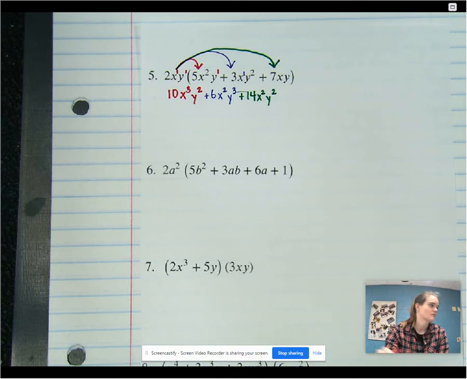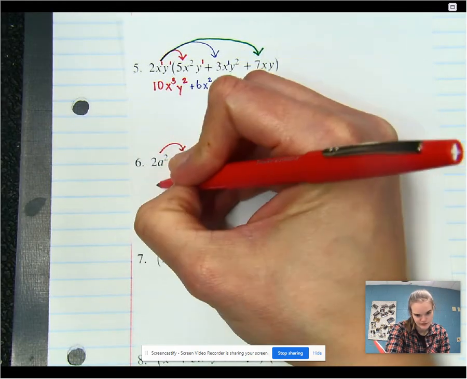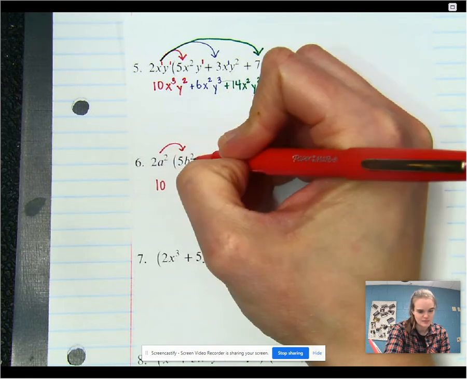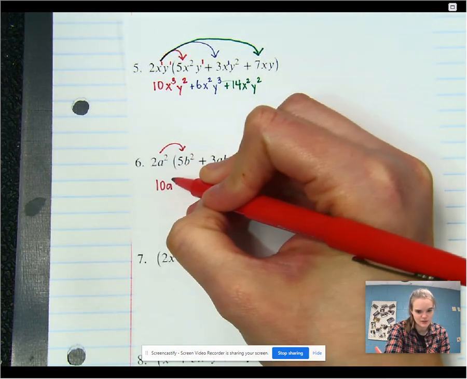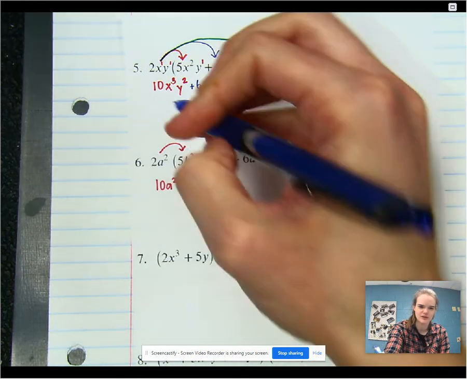All right, number 6. Let's distribute. 10. Notice A and B are not alike, so we just write them down. A squared, B squared. If they're not alike, you're just going to write them down.